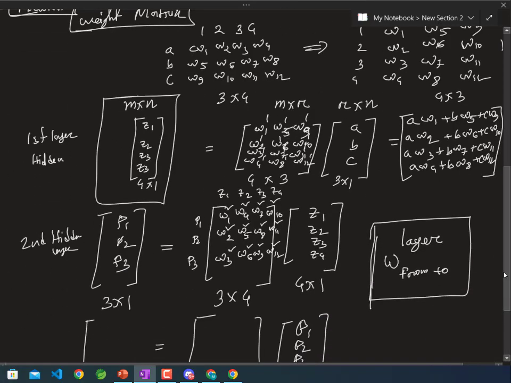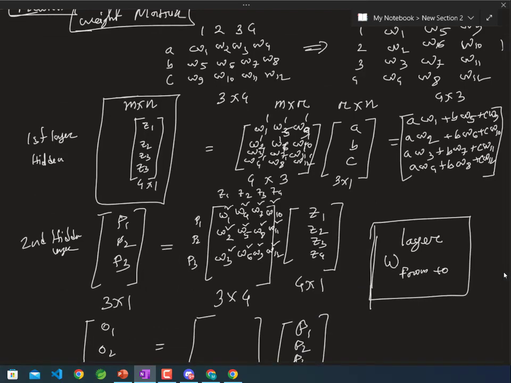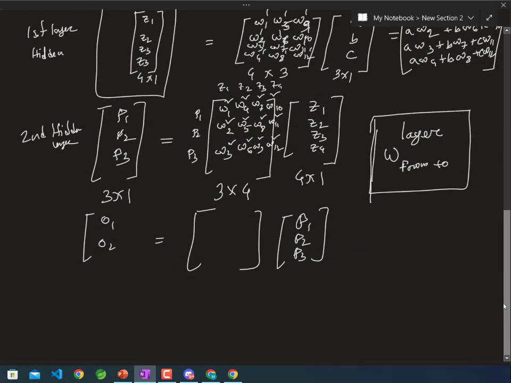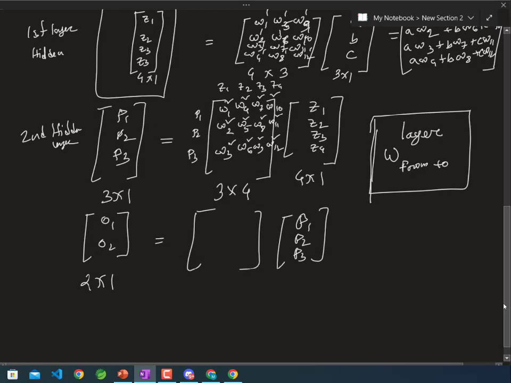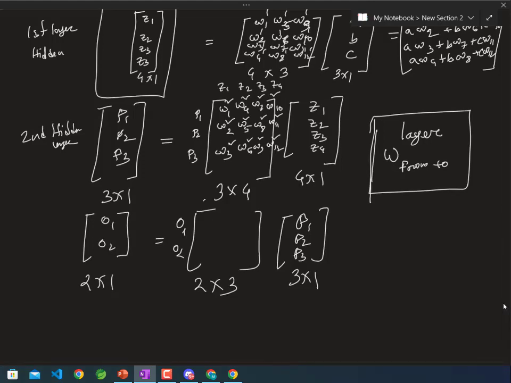So O1 and O2 is a 2 into 1 matrix, 3 into 1 matrix, so we need a 2 into 3 matrices as well, and for that we need O1, O2, and for that P1, P2, P3, and the matrix multiplication would be W1, W2, W3, W4, W5, W6, and it could be rewritten as 3.